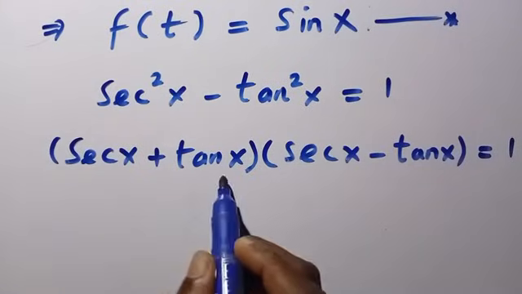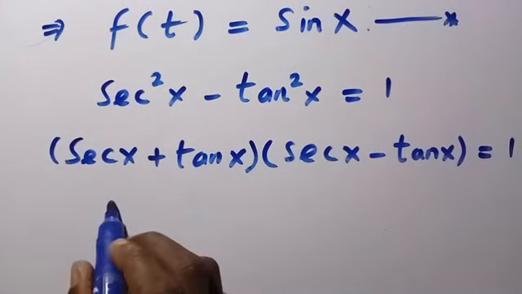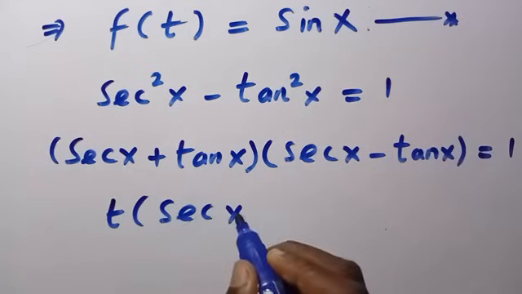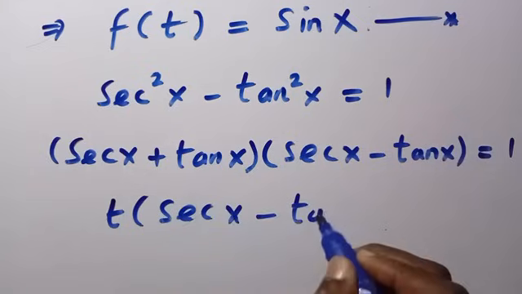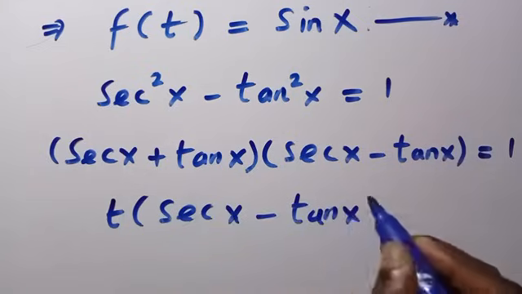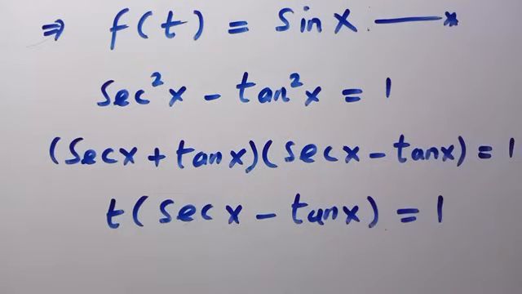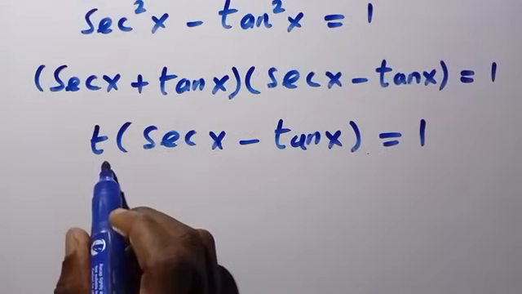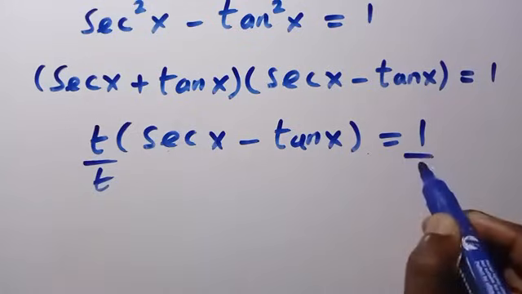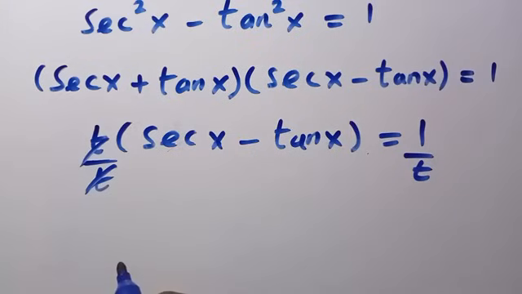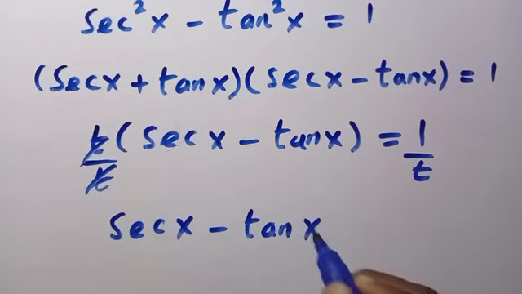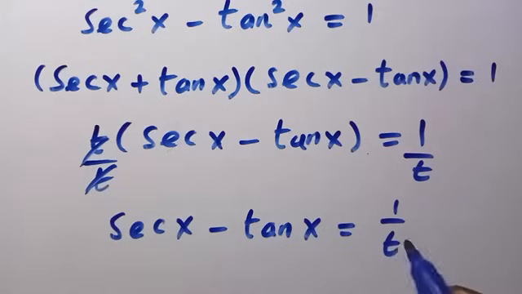By replacing this with t, we have t times the bracket of sec x minus tan x equals 1. By dividing both sides by t, t cancels t, and we have sec x minus tan x equals 1 divided by t.